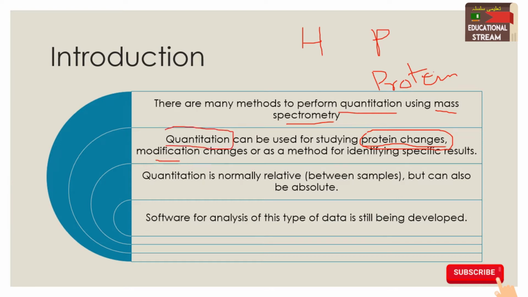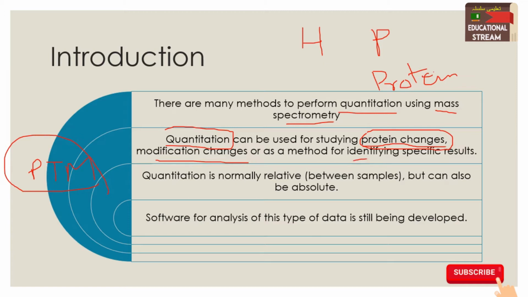Or if we want to see modification changes, like if a protein undergoes post-translational modification, then what kind of post-translational modification occurs in a particular protein, we can also identify with the help of mass spectrometry.